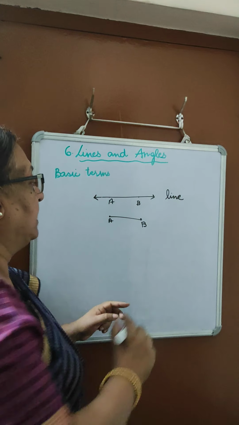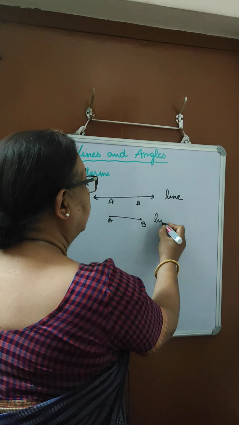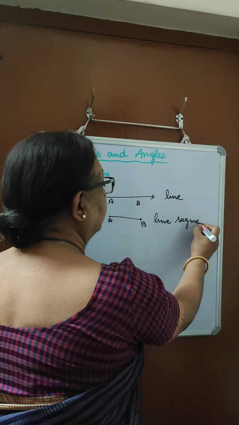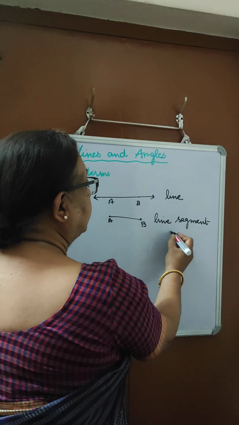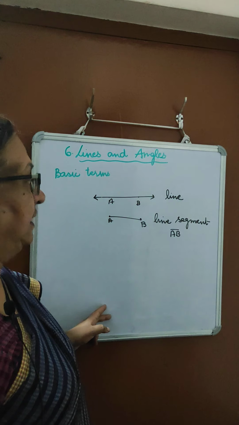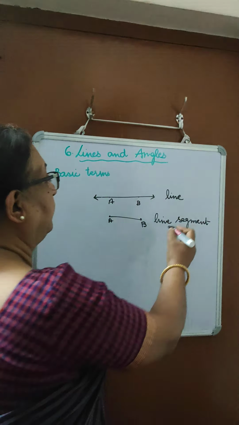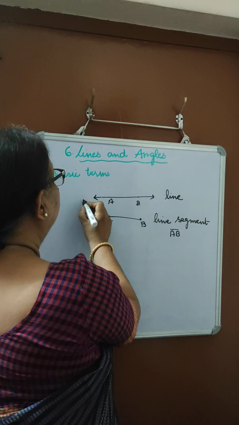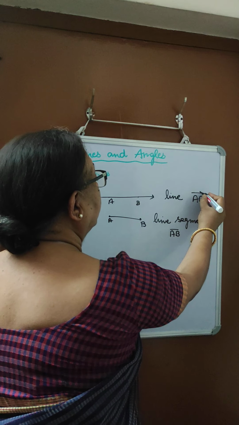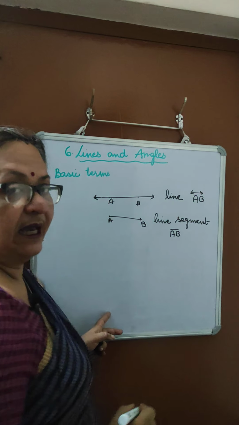So this one is then called a line segment. Line segment is represented this way. Suppose this is line AB, with arrows on both the sides.